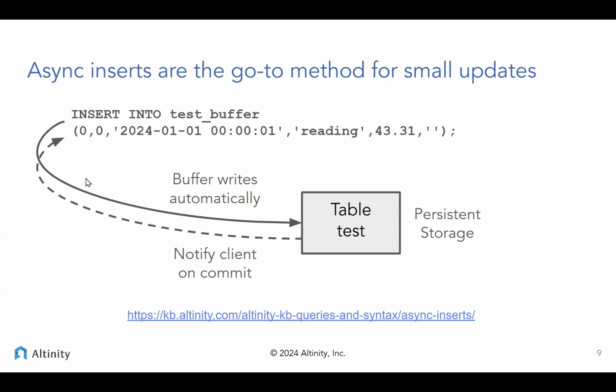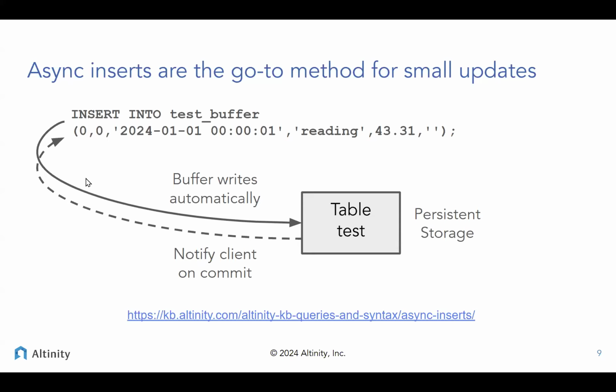We're just doing this as a SQL statement. And what will happen is that when async inserts are enabled, we will automatically write the data into a buffer. And then, provided the client asks for it, we will hold the client connection and then notify them when it actually commits, when it actually goes to storage.